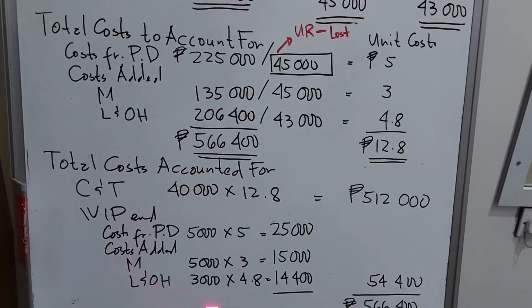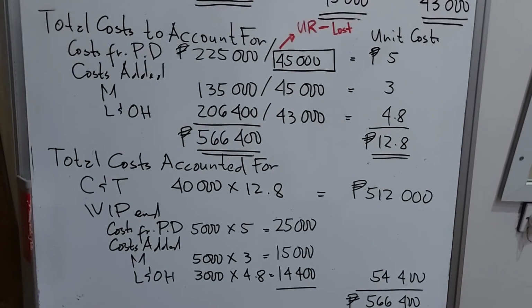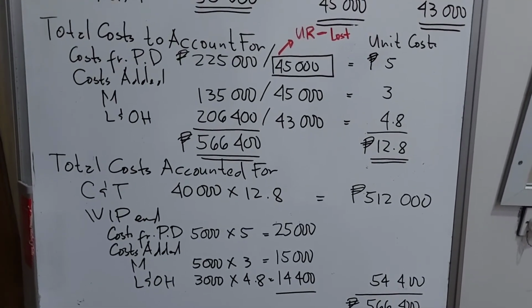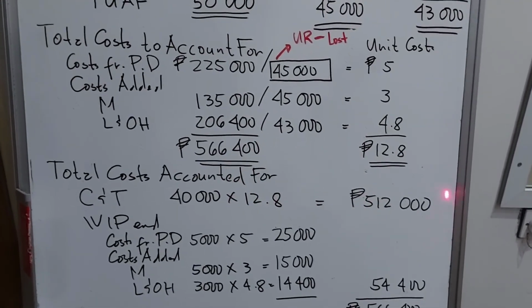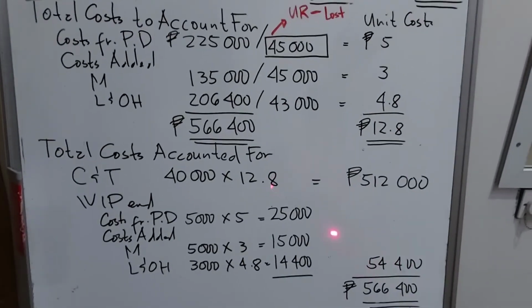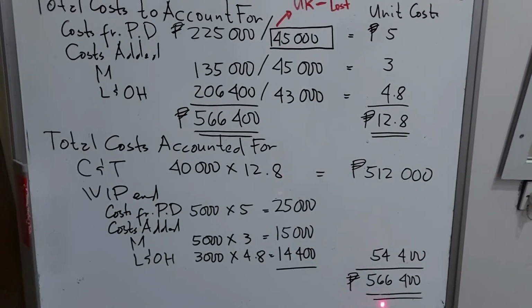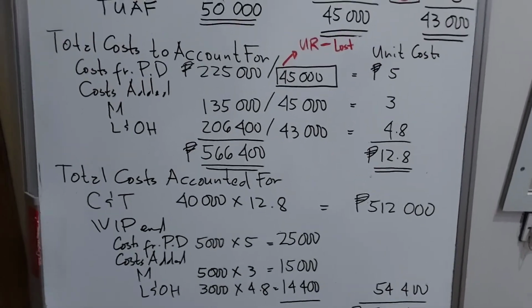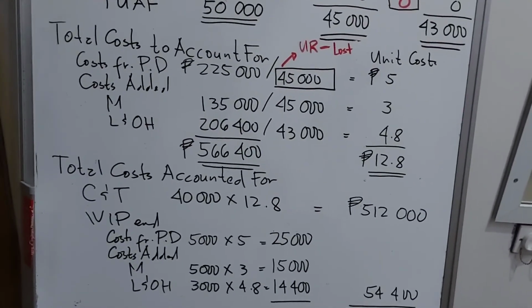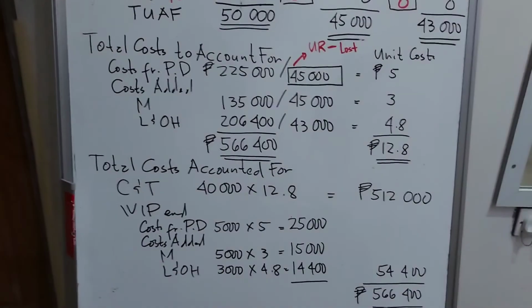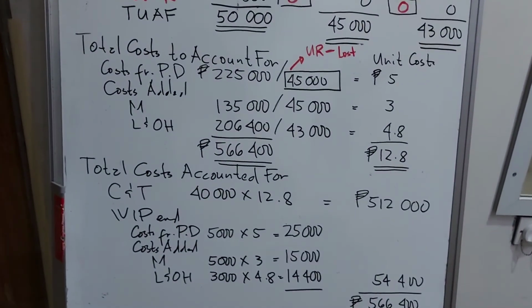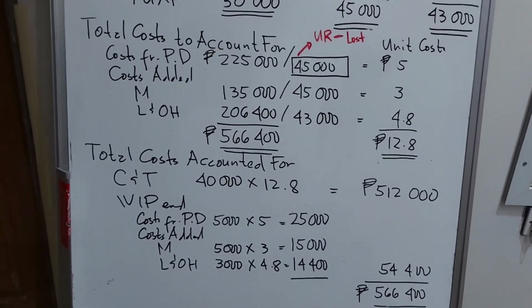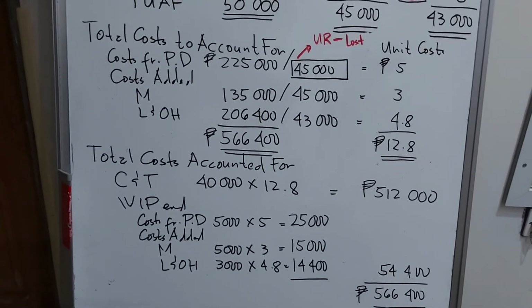Yes, automatic. Hindi ka na nag-separate ng computation ng cost ng loss units. Nakasama na siya dito sa 512,000 and sa 54,400. Okay? Yan ang cost of production report kapag na-discover at the beginning of the process.